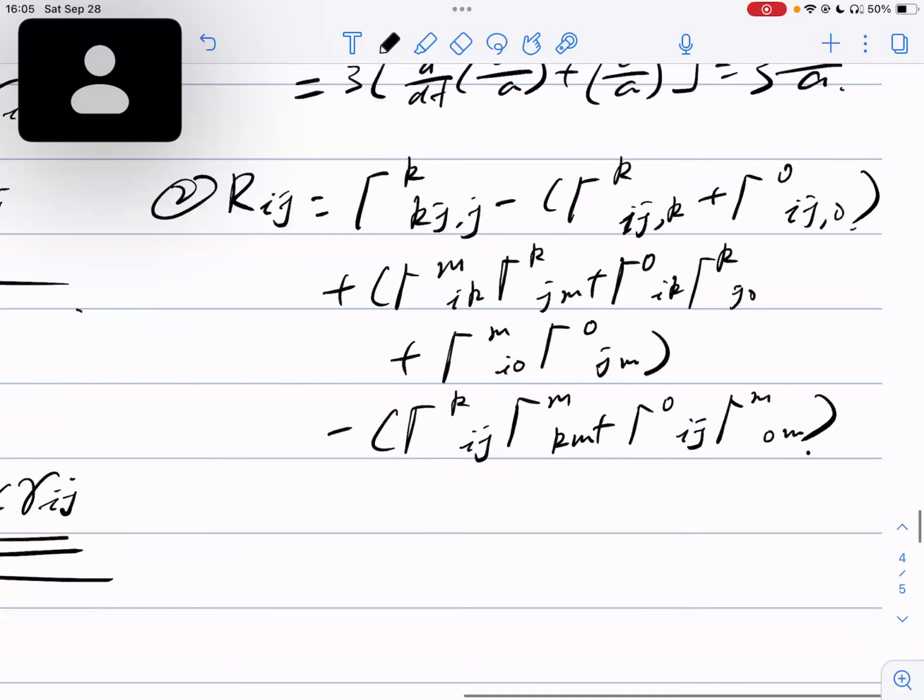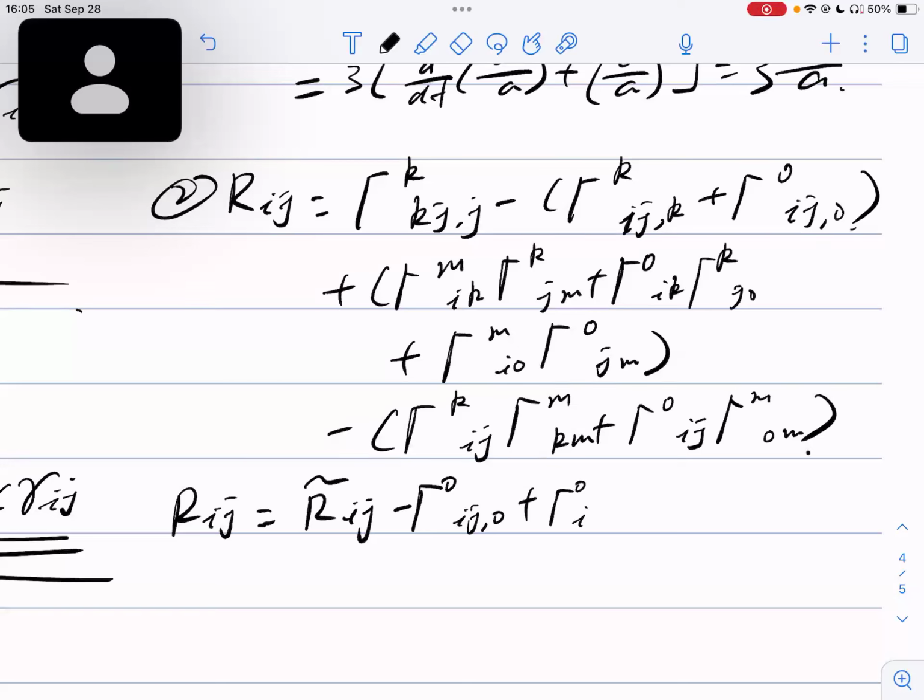And just rewriting the above expression, we obtain that it's the three-dimensional space Ricci tensor R2 ij, minus gamma 0 Ij 0, plus gamma 0 Ik gamma k J0, plus gamma m I0 gamma 0 Jm, minus gamma 0 Ij gamma m 0m.